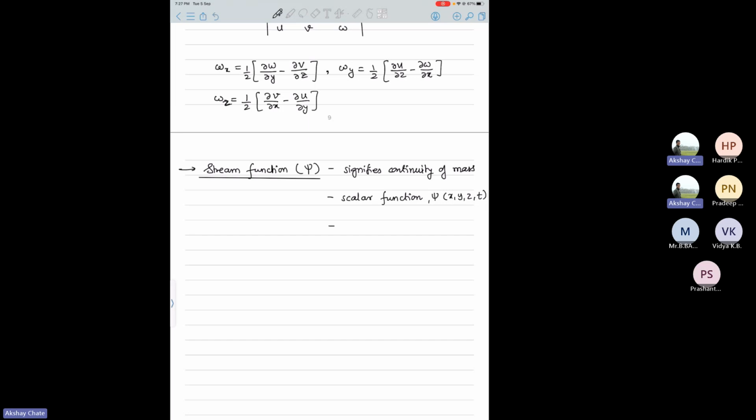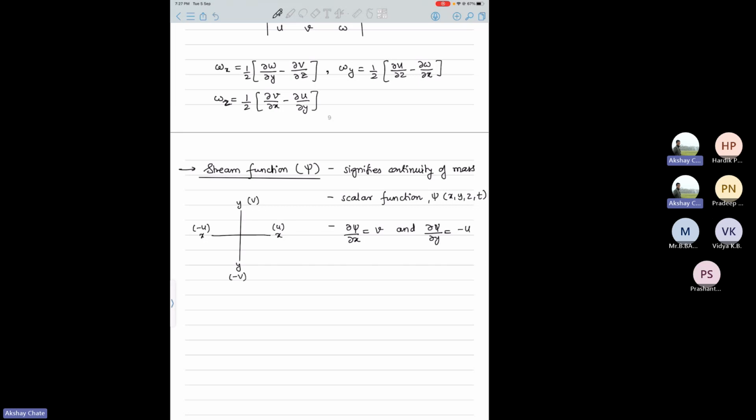And the formula: del psi by del x is equal to minus u, and del psi by del y is equal to, oh, sorry, the opposite. Del psi by del x is v and del psi by del y is minus u. How to remember this? Maybe you can follow this trick. It's not the standard thing, but this is your x, y, and this will be your u, v, minus u, minus v.